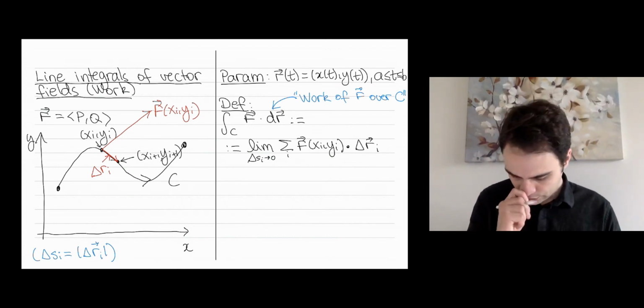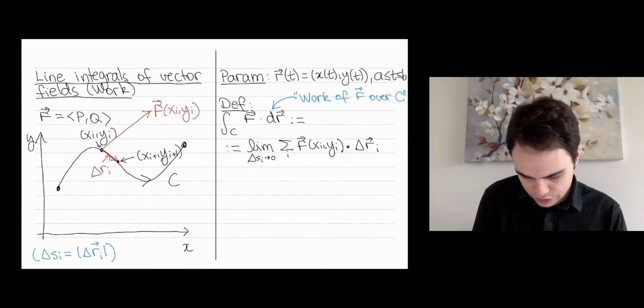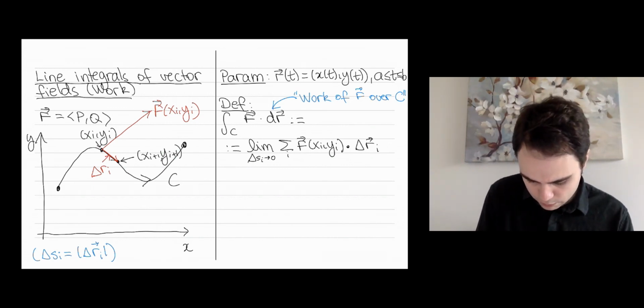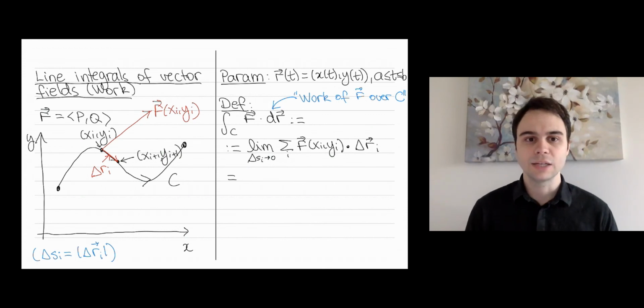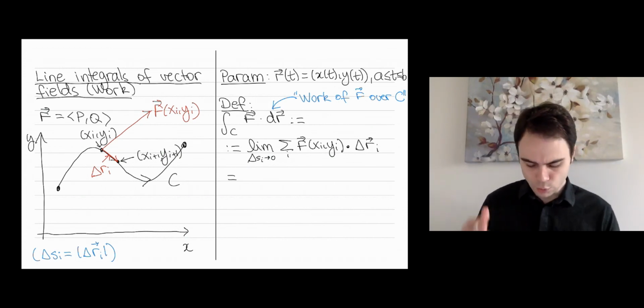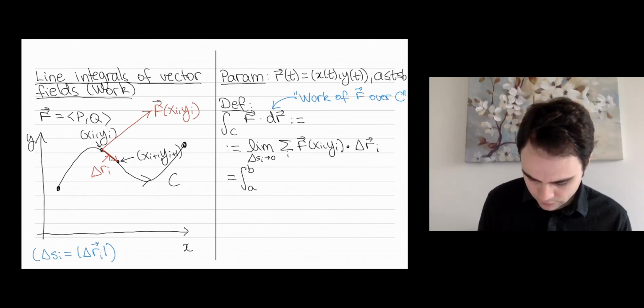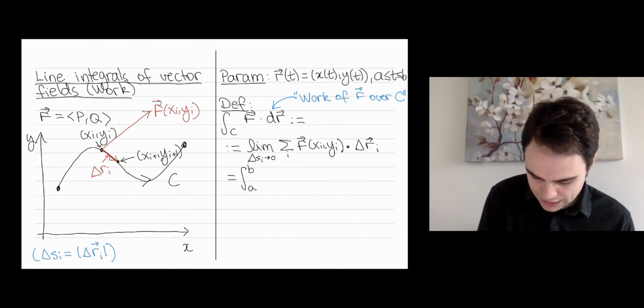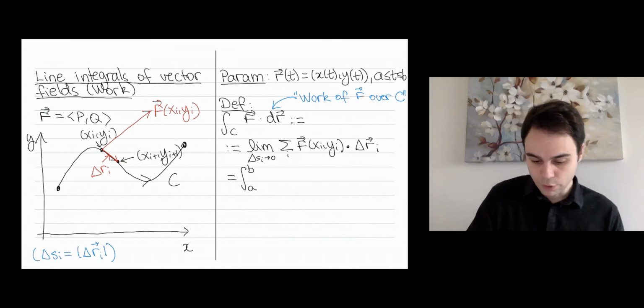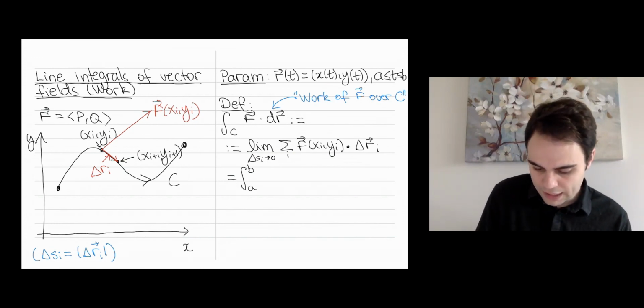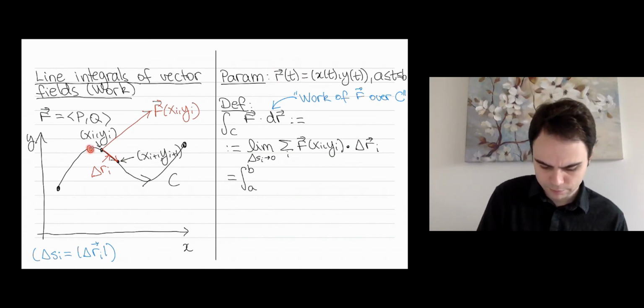Okay, so we have a parameterization. Then if we have a parameterization, and I'm assuming that we do, then we can compute this line integral as an ordinary single integral. So we integrate t between a and b, and then we evaluate f. So for each number t between a and b, I get r of t, a point on my curve.